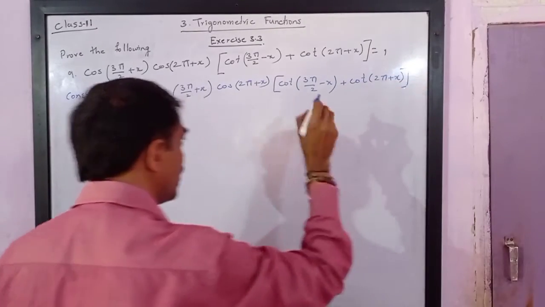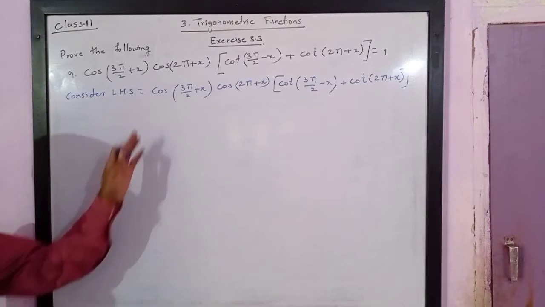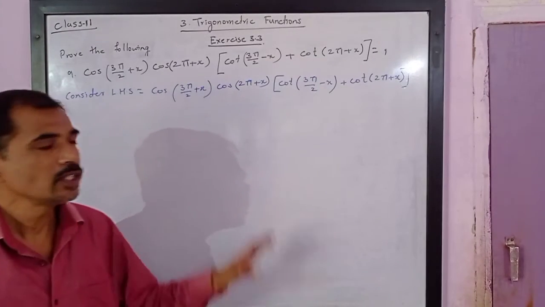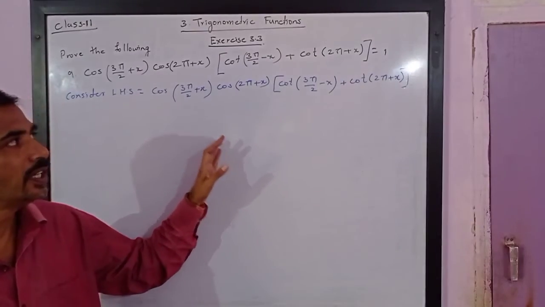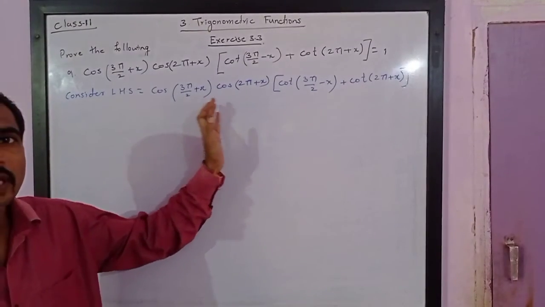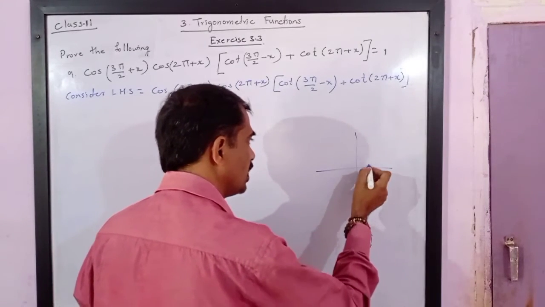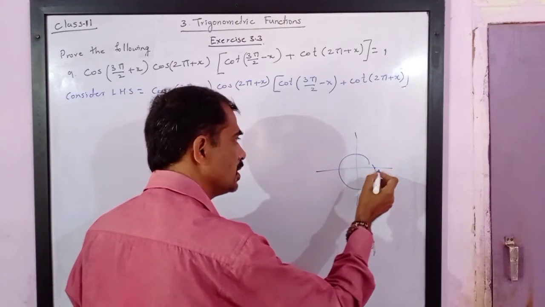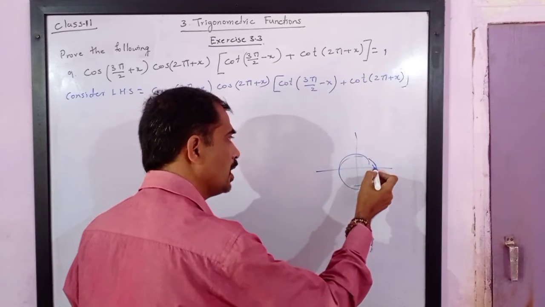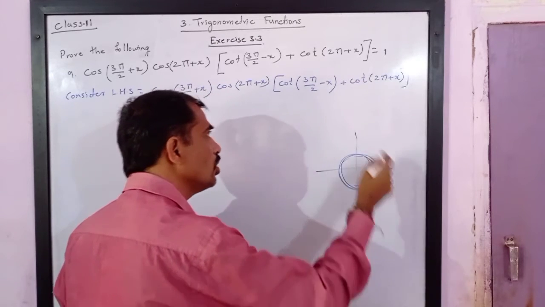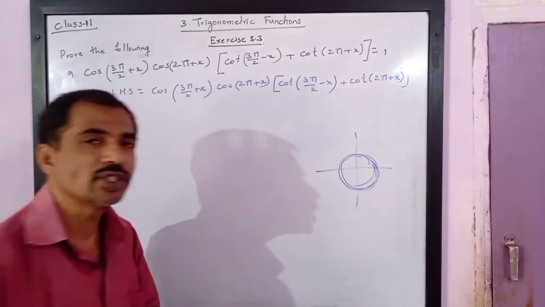This is the left hand side. Let us solve this left hand side. Now please note, we have already studied that all the trigonometric ratios get repeated after 2 pi. That is, 0, 2 pi, again 4 pi, again 6 pi. So after 2 pi, the trigonometric ratios get repeated.